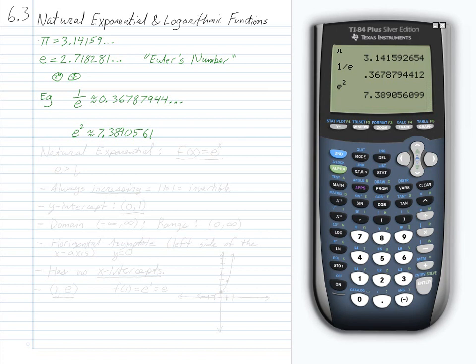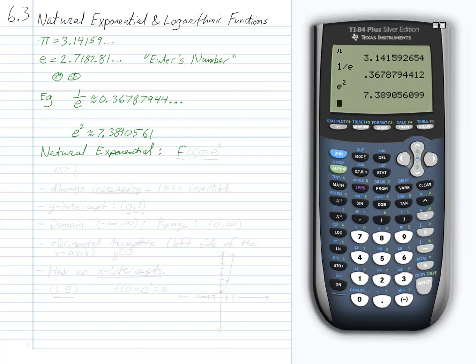Now this number is used so frequently in branches of mathematics that there are exponential and logarithmic functions where we use e as the base. The natural exponential function is exactly what you would imagine.